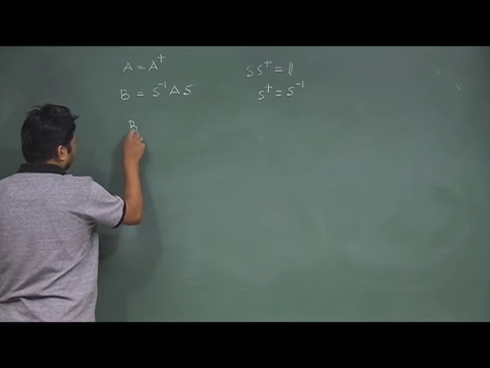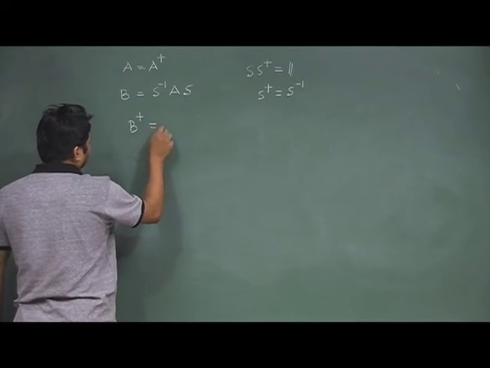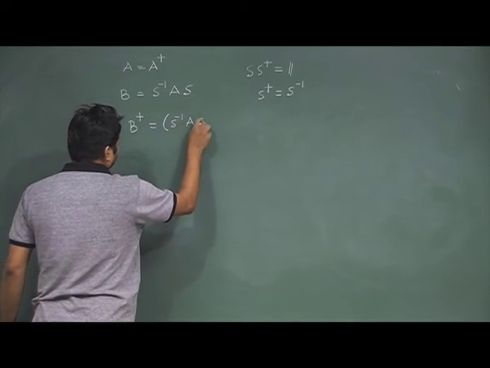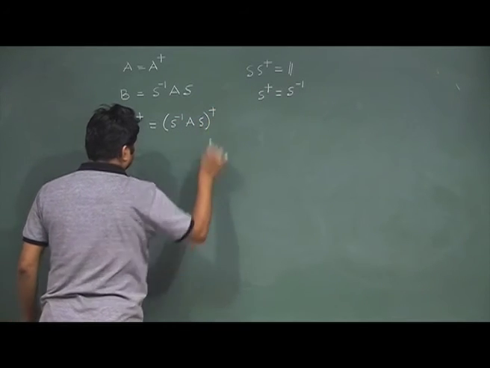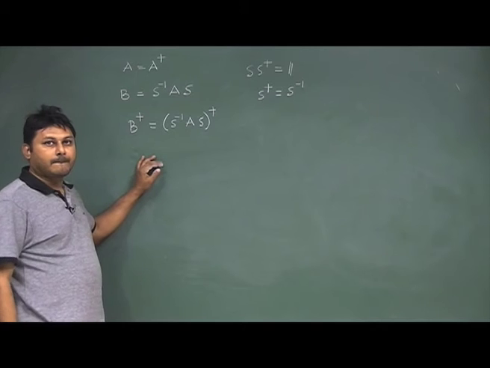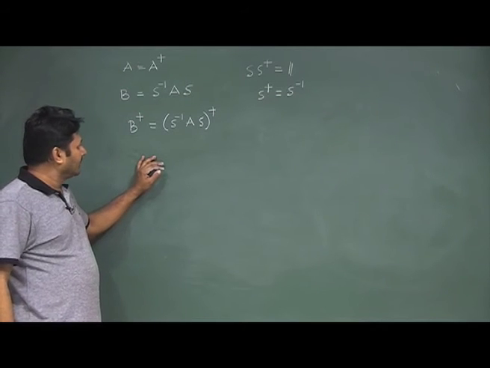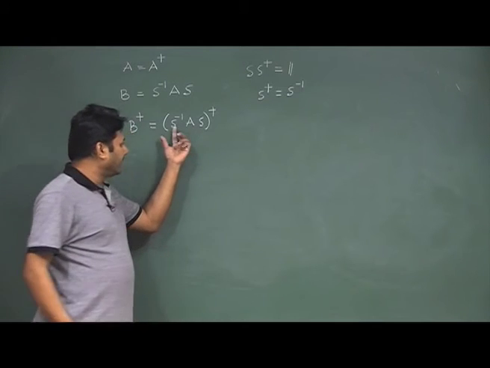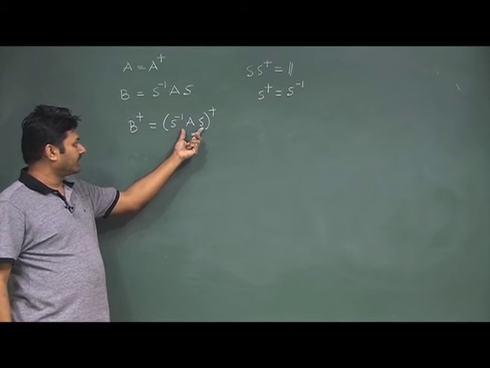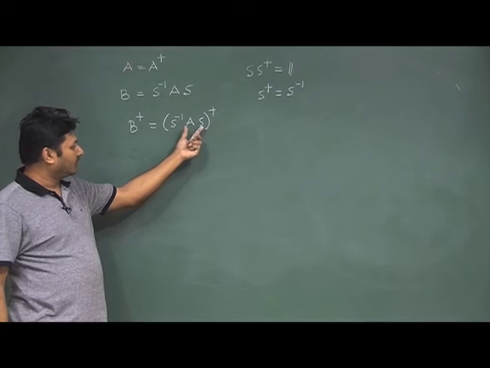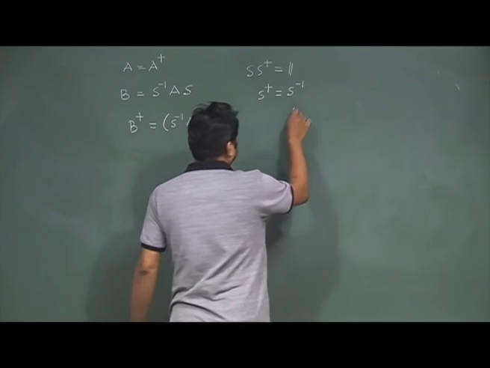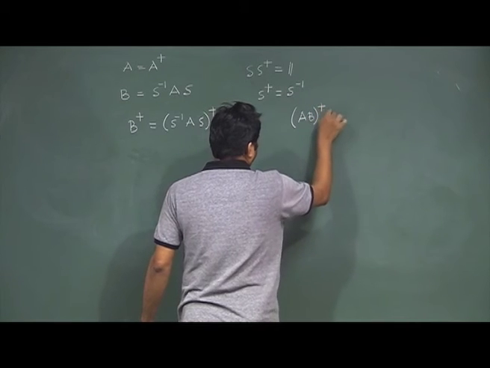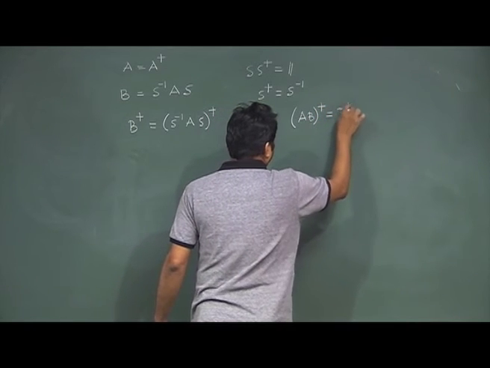So, B dagger is S inverse A S whole dagger. Now, I know that for a multiplication of two matrices like this, it is something like (A B) whole dagger is B dagger A dagger.